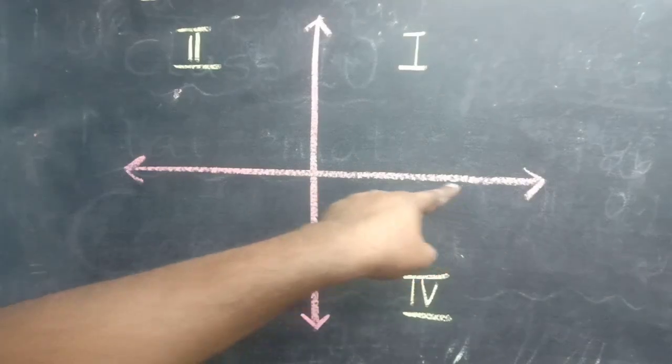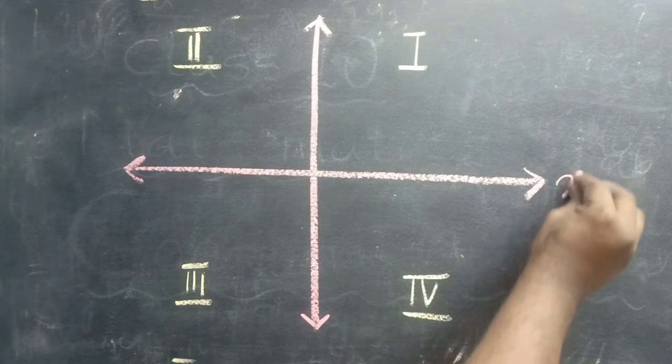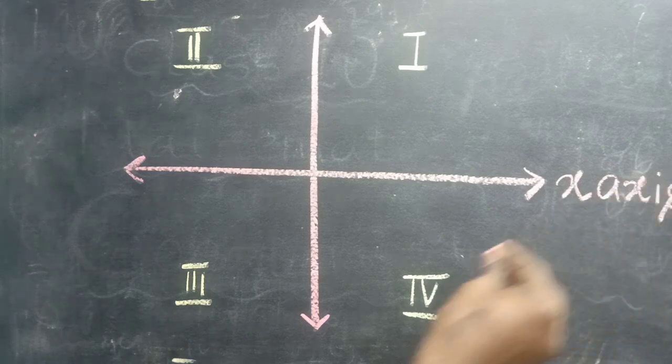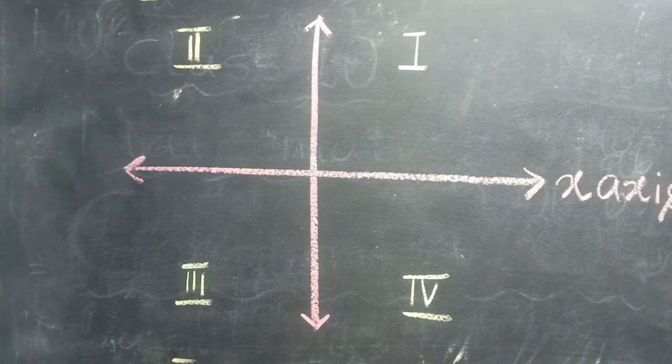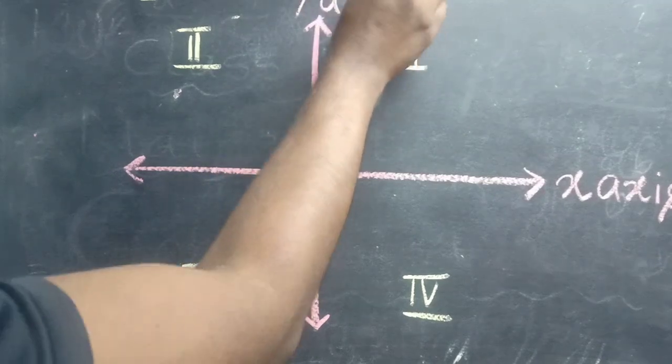Then the horizontal line is called the x-axis, and the vertical line is called the y-axis.